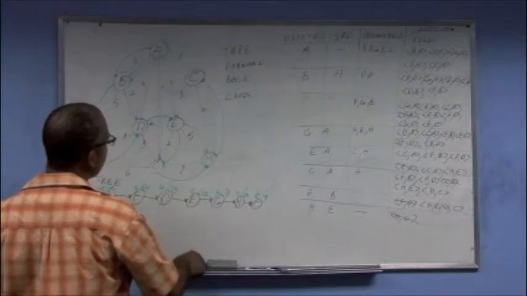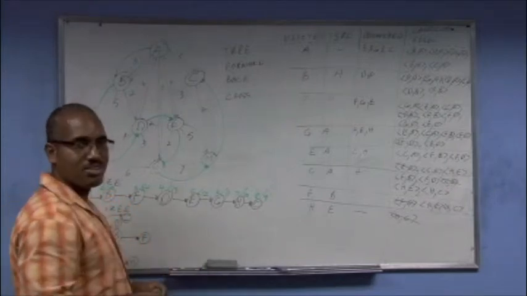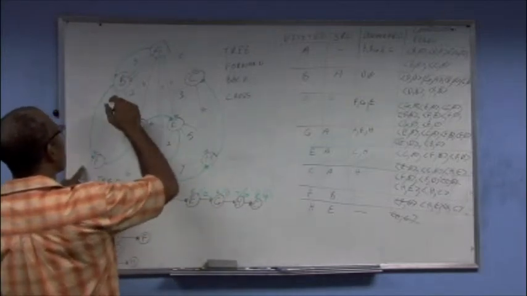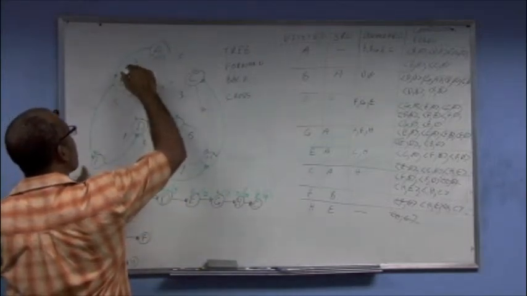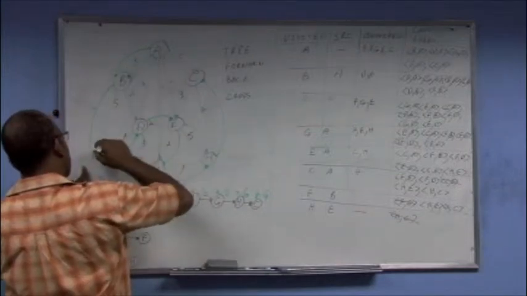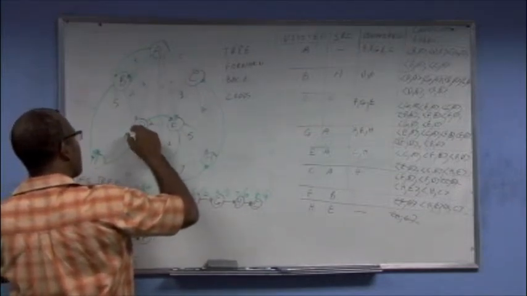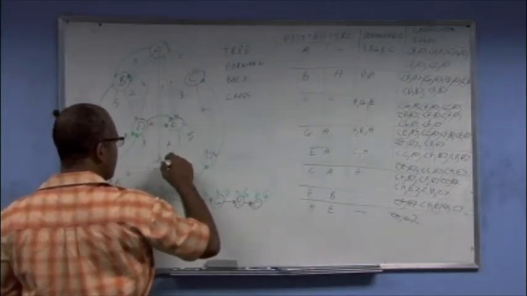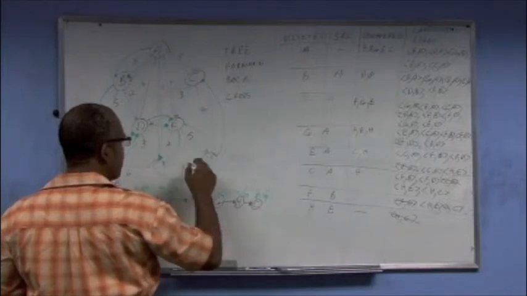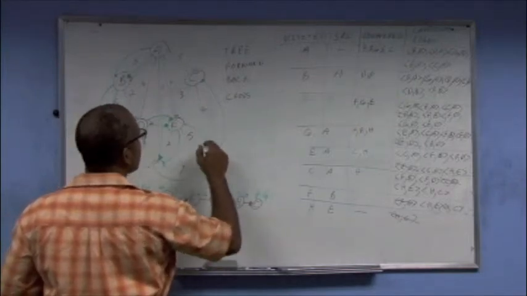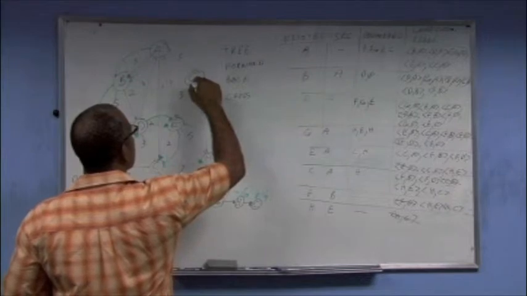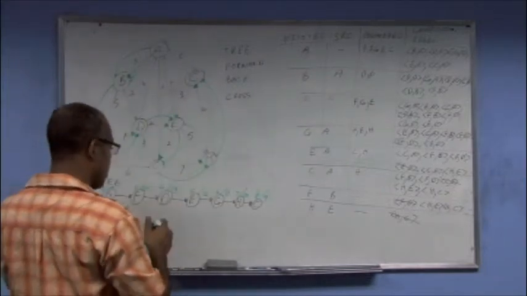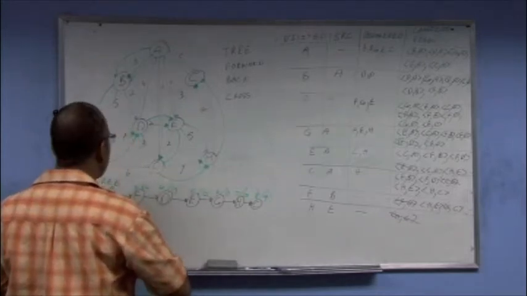Alright, to illustrate, I think I need to put some arrows on this graph. Okay, let's say that's an arrow here. The edges that we have identified as a part of the DFS tree, I'm going to make sure that those edges are pointing in the direction that the DFS tree did.